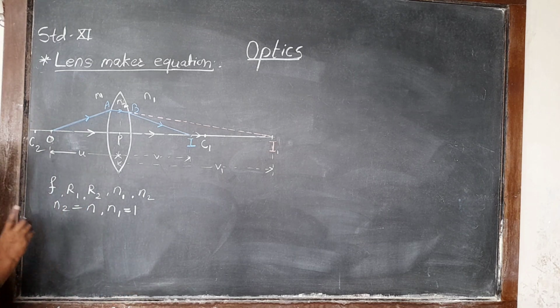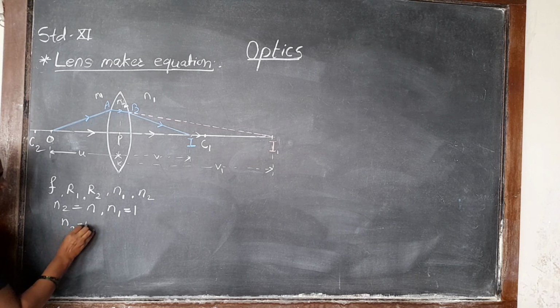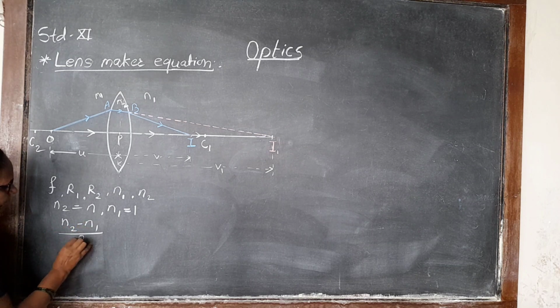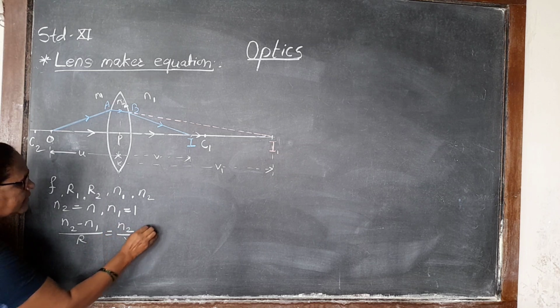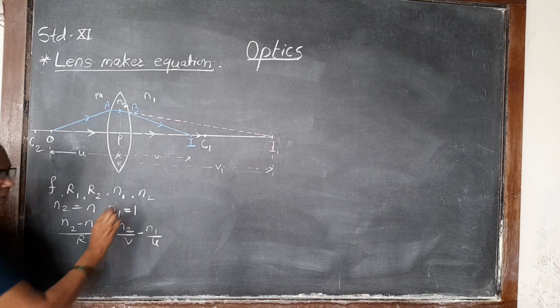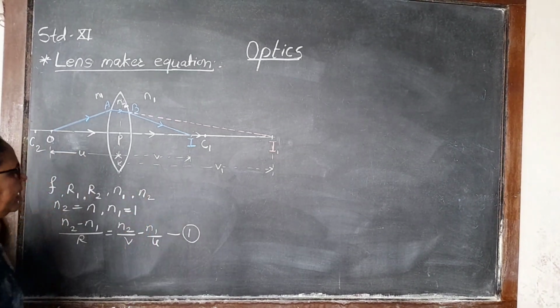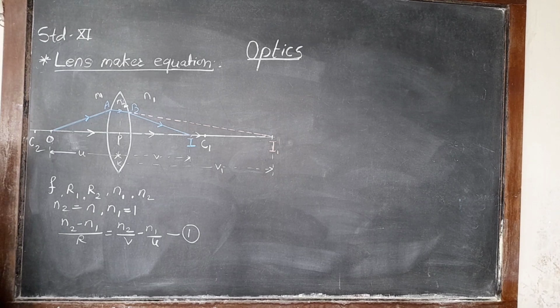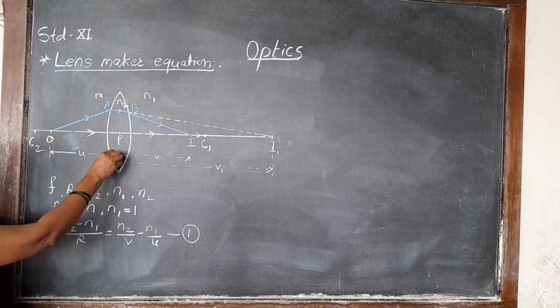Now for a spherical surface we have studied the relation N2 minus N1 upon R is equal to N2 upon V minus N1 upon U. In your previous lecture, you have studied the relation. Let it be equation number 1. Now substitute here. See, object O is at the distance U from the optical center.